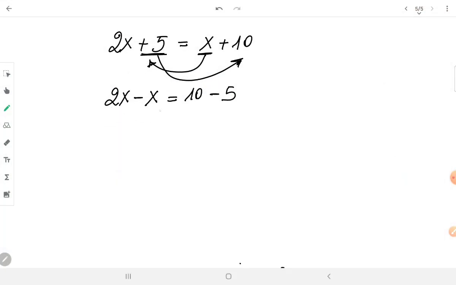Then we can add the terms 2x minus x, that means x equal to 5. This is the solution of the equation.